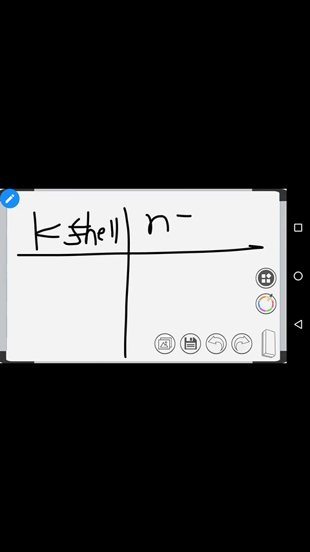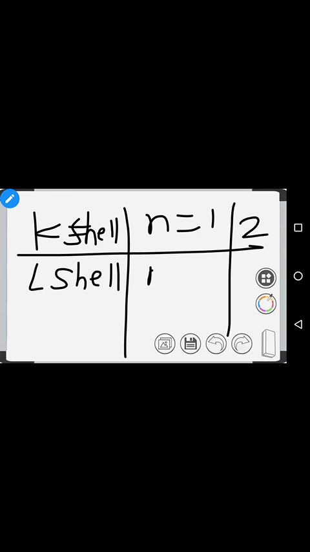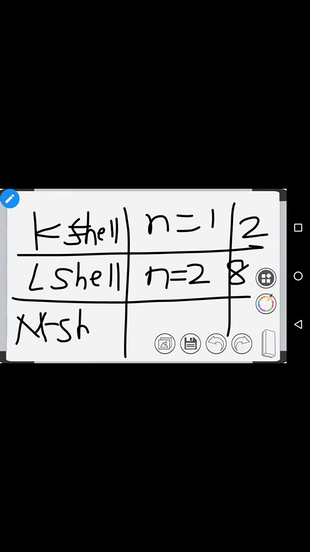Okay? Now the K shell has a maximum limit: n is equal to 1, 2 electrons. The L shell, where n is equal to 2, holds 8 electrons. Then the M shell, where n is equal to 3. According to the formula 2n square, we get 18 electrons.